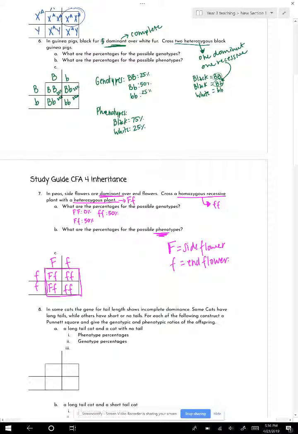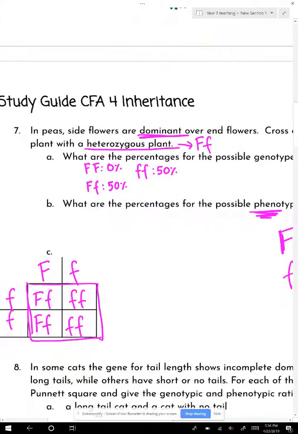So I'm going to write side flower and end flower. Oops, I dropped the R right there. Okay, so then I'm going to look at my Punnett square. If it has one capital F, that means it's a side flower.